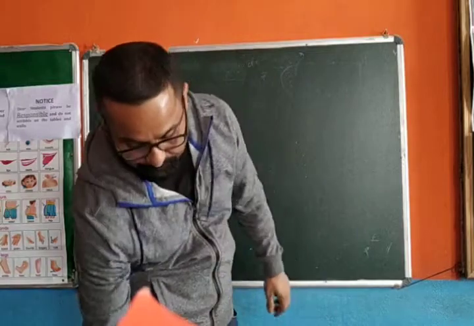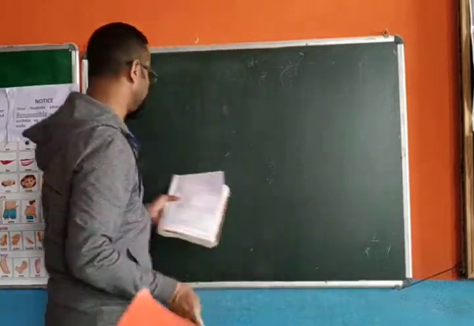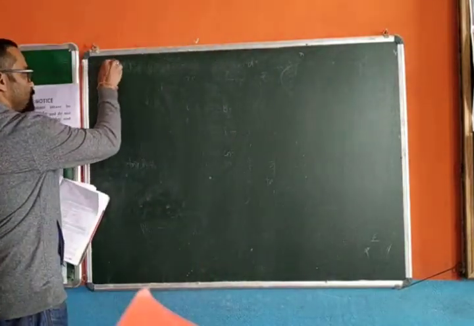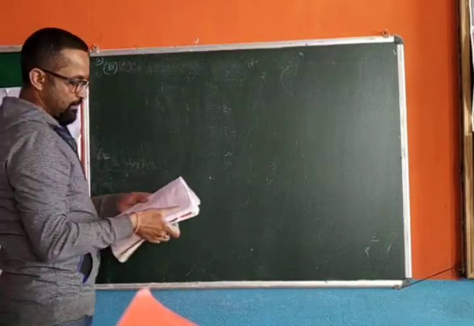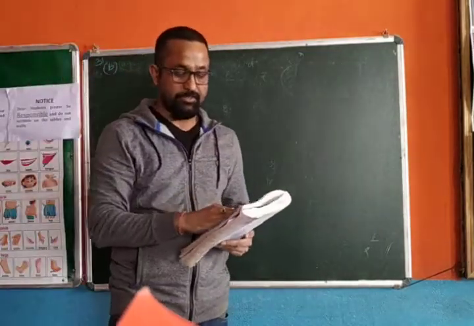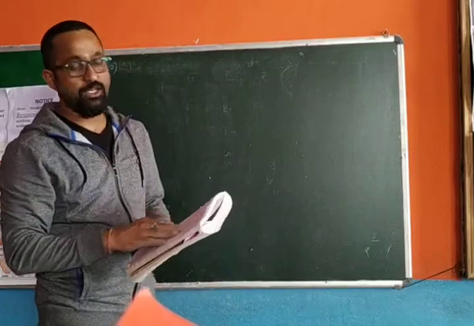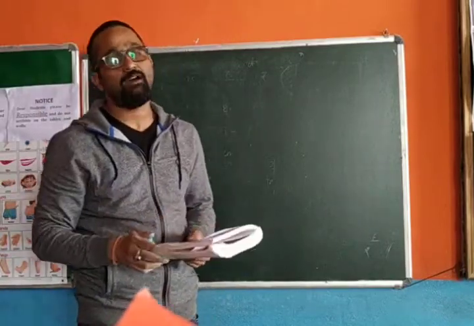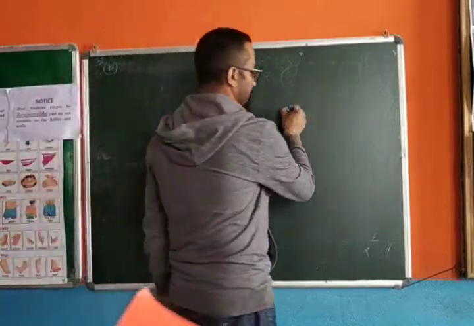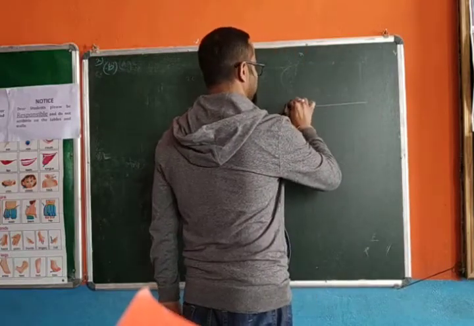Question number 31B is an important question. Question says that you have a figure, calculate the length of the boundary and area of the shaded region. Semicircle.